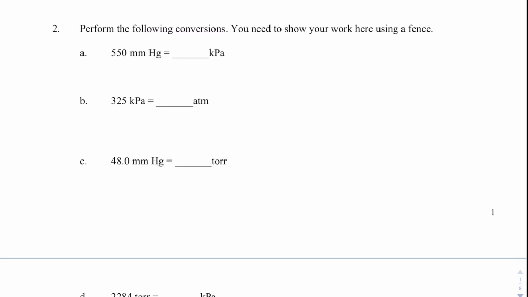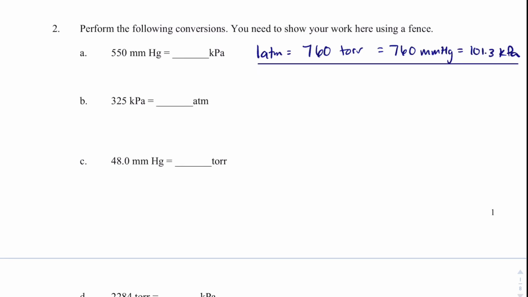Those pressure conversions are on the back of your periodic table in the gases section, and you just need to know that 1 atmosphere is the same thing as 760 torr, which is the same thing as 760 millimeters of mercury, which is the same thing as 101.3 kilopascals. This key will be posted online so you can look at my conversions, but this is what I use to do any sort of gas conversions.